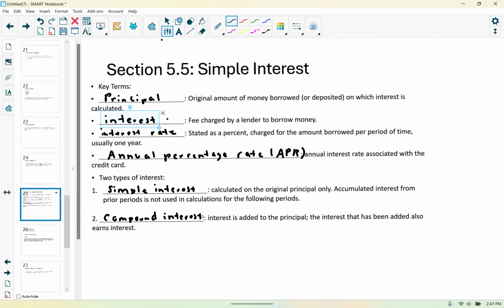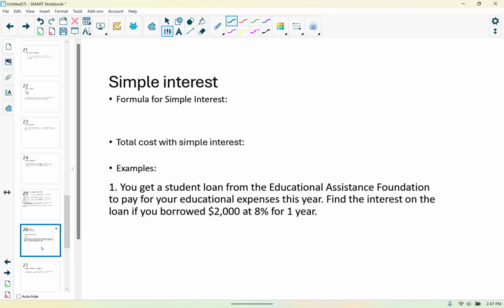But if it's a loan, it's not good because they're charging you on what you owe and then also on the interest that keeps adding to what you owe, which is why it takes a really long time to pay off loans. Now, in this class, we're just going to do simple interest. If you're taking 125, then you'll look more into compound interest and more types of interest.